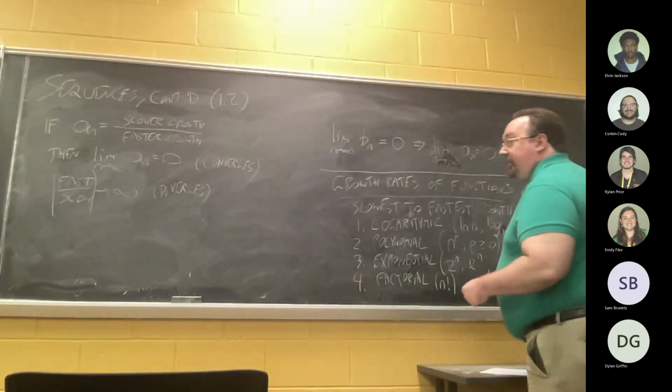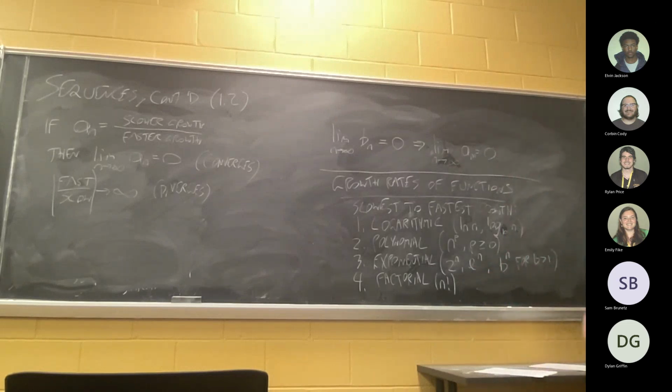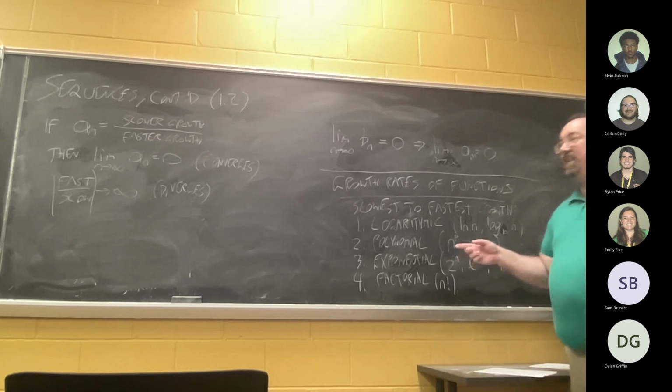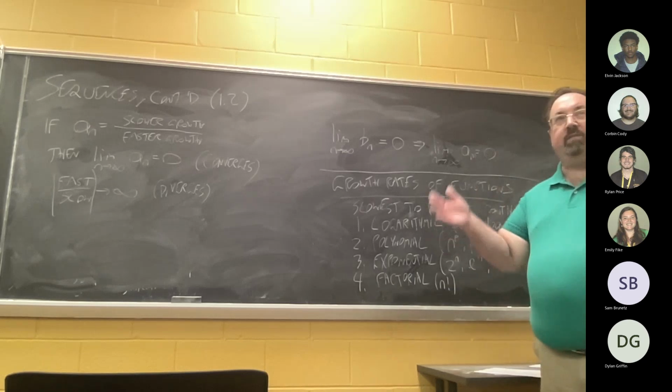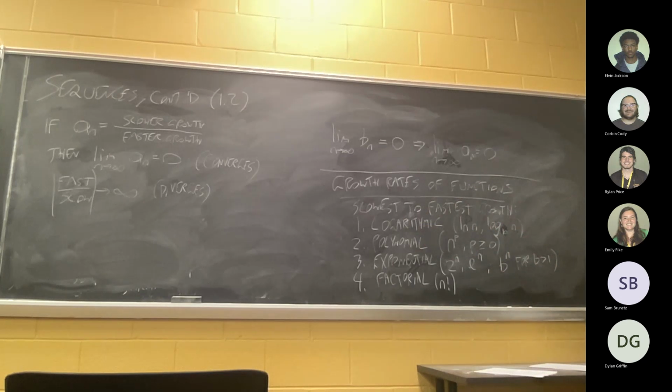Now, if you have functions in the same growth category, it could be fairly easy in those cases. For instance, if it's a polynomial, if you have lower degree over higher degree, it's going to go to 0. Higher degree over lower degree is going to go to infinity.